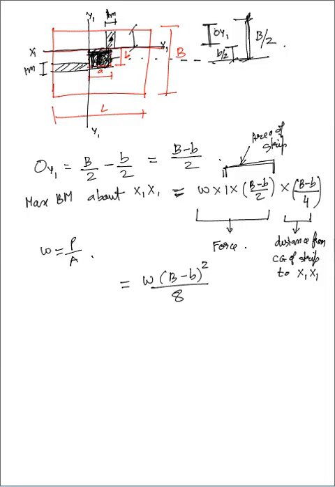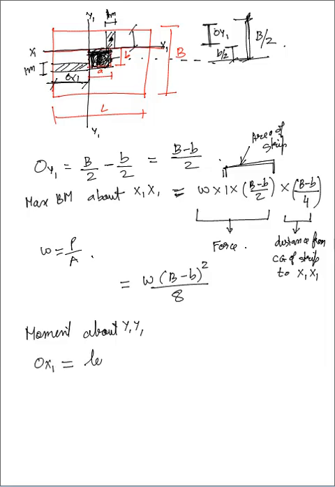See, same way we can find out this distance. This is your OX1. If I want to find the moment about y1, I need to find out OX1. What is OX1?